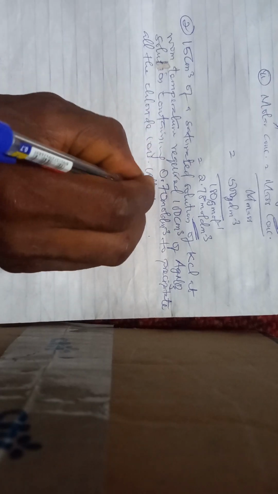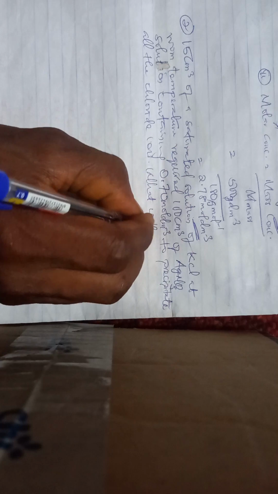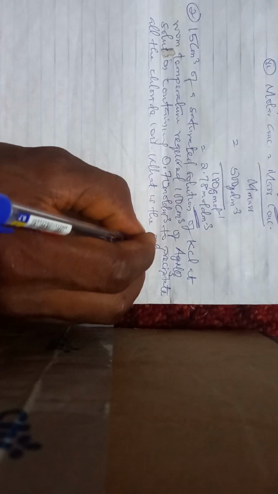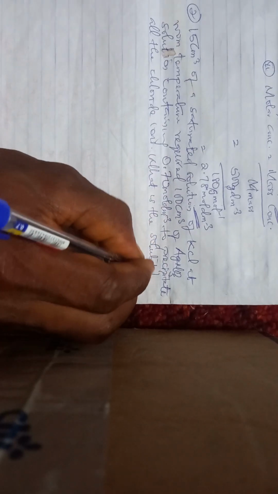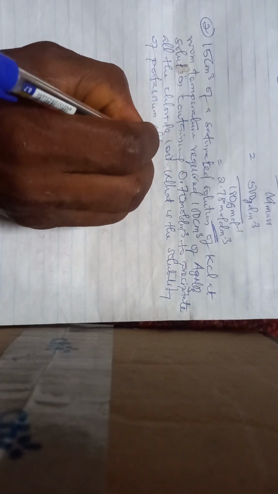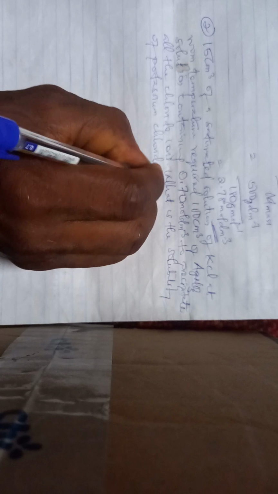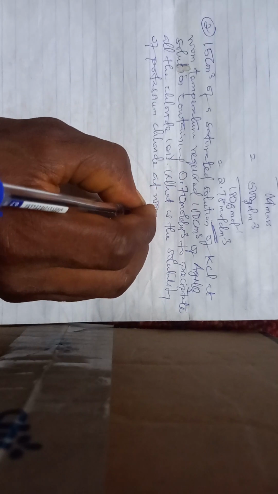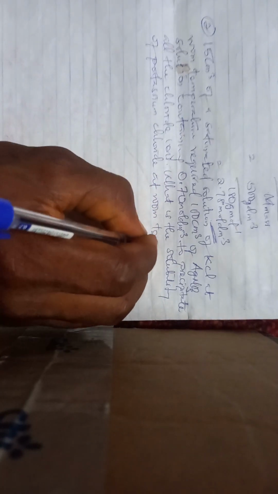What is the solubility of potassium chloride at room temperature?